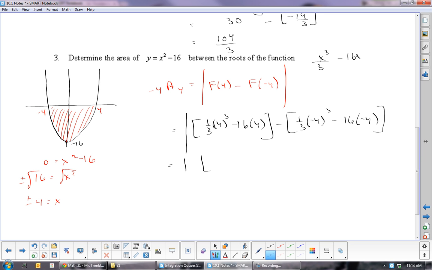So this works out to be 64 over 3 minus 64. Still got my big absolute there. That's negative 64 over 3 plus 64.